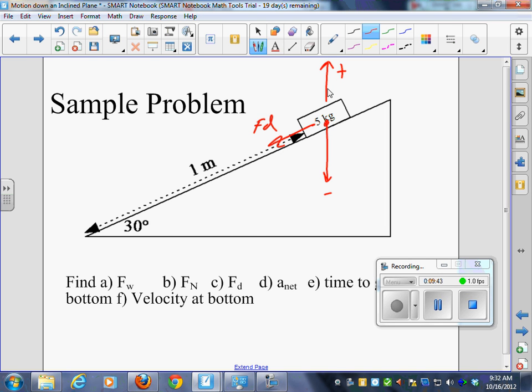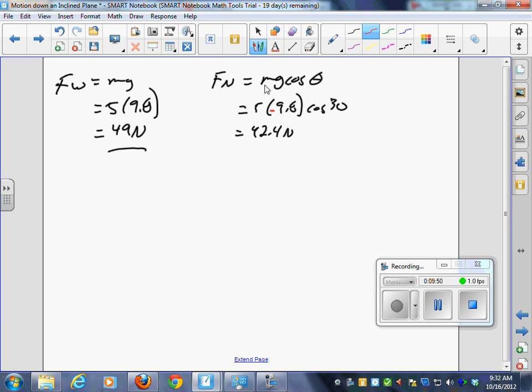We're looking sideways on a ramp. So the direction of FD is down the ramp, right? So if I end up with a negative in there, is that 42.4 straight down or is it down the ramp? Actually, this one is up. So yes, it's negative, but it doesn't really apply here because what we're trying to find isn't in the same direction. Okay, does that make sense? It's a real good question though. It just doesn't apply here, the negative sign.